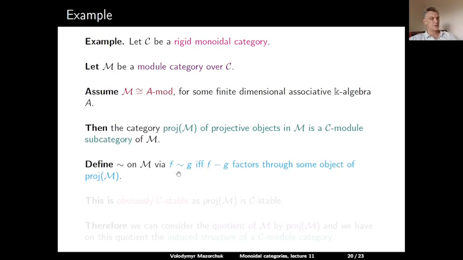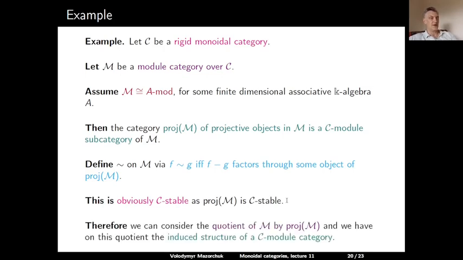We call two morphisms equivalent if their difference factors through some object in proj of M. This is obviously a C-stable congruence because proj of M is C-stable. So we can consider the quotient of M by proj of M. This is usually called the stable category of A. And we have on this quotient the induced structure of a C module category.